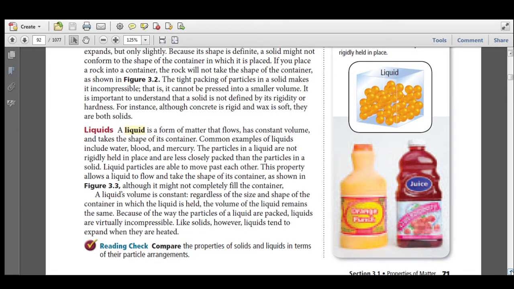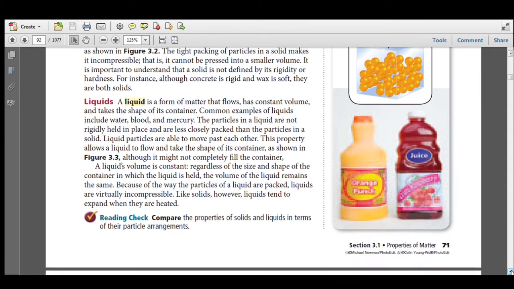This property allows a liquid to flow and take the shape of a container, although it might not completely fill the container. A liquid's volume is constant. Regardless of the size and the shape of the container in which the liquid is held, the volume of the liquid remains the same. Because of the way the particles of a liquid are packed, liquids are virtually incompressible. Like solids, however, liquids tend to expand when they are heated.